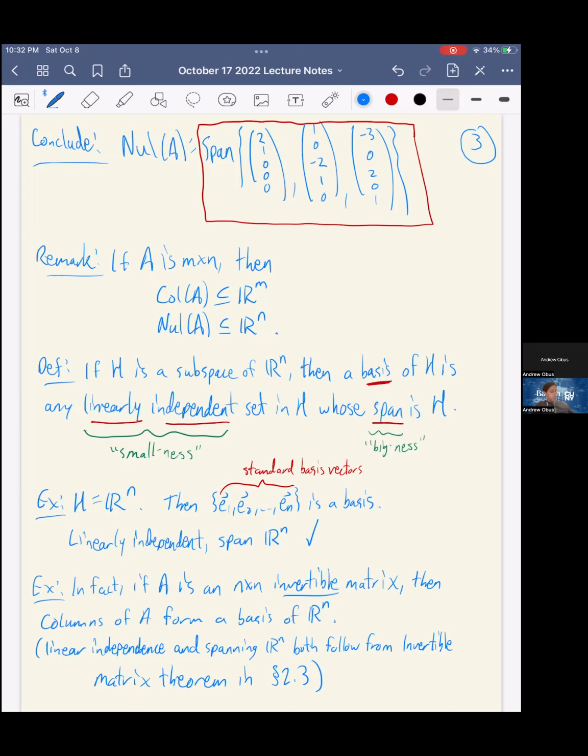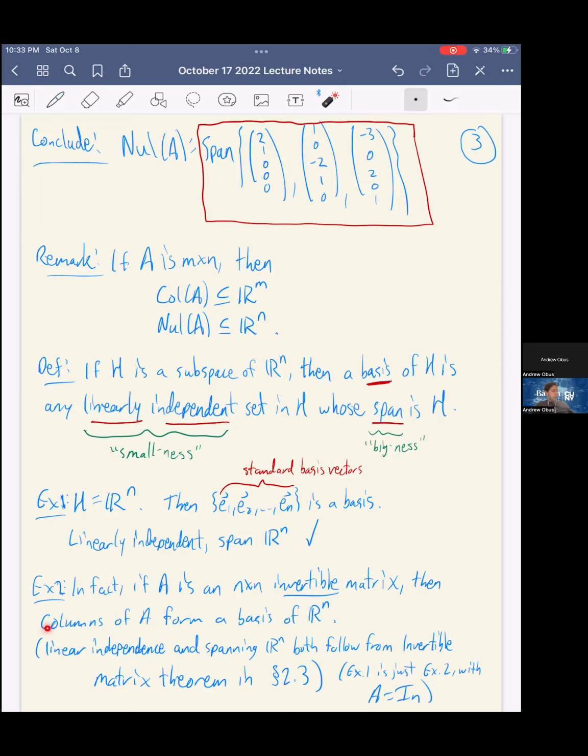Okay. And what we should notice is that the first, let's call this example 1, and this is going to be example 2. In fact, example 1 is just example 2 with A equals the identity matrix, which is certainly invertible.